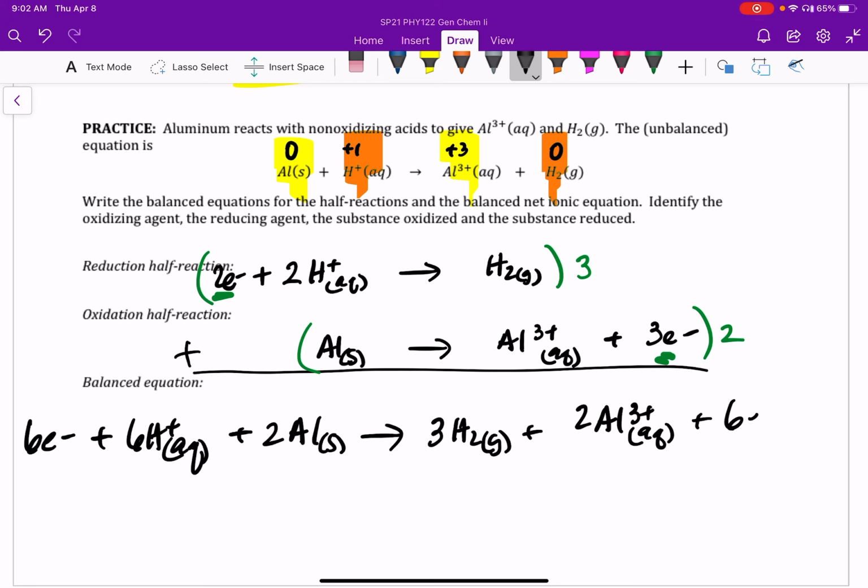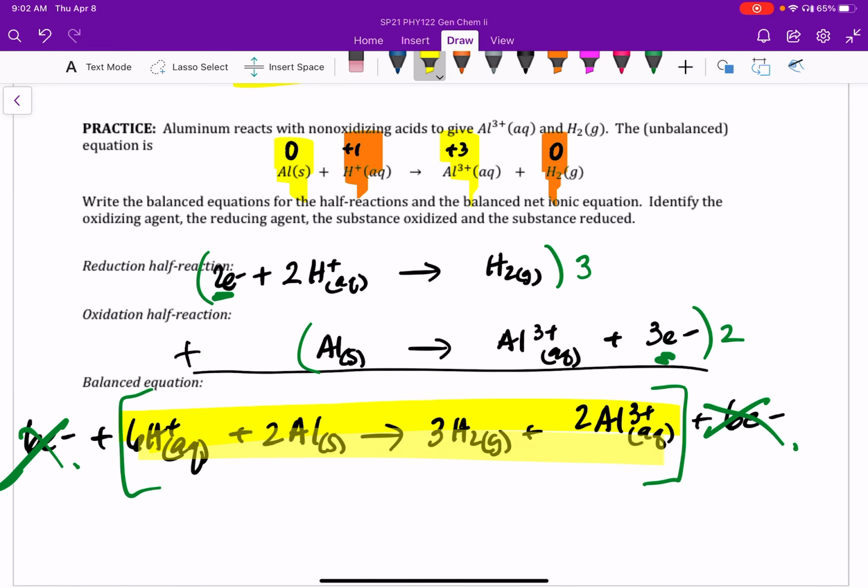And I've got that additional 6 electrons here at the end. Because I wrote my electrons all on the end, I can go ahead and cancel those. And then I'm just going to chunk out what's left in the middle. So this is our balanced equation that is balanced now for both mass and charge.